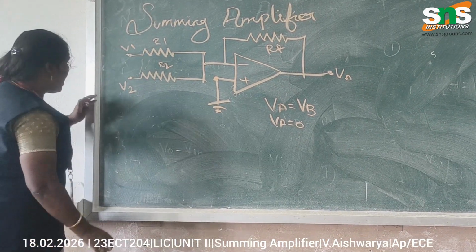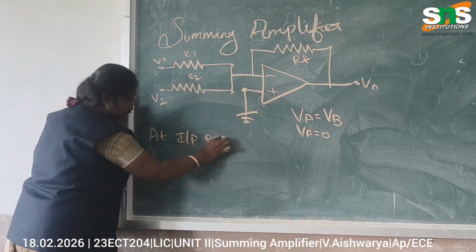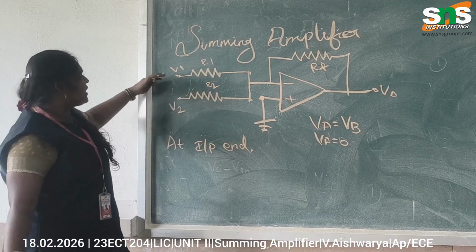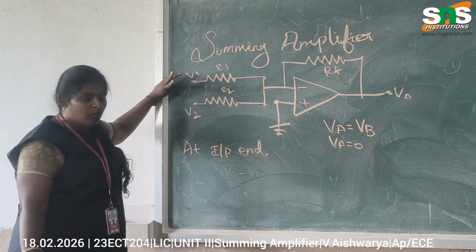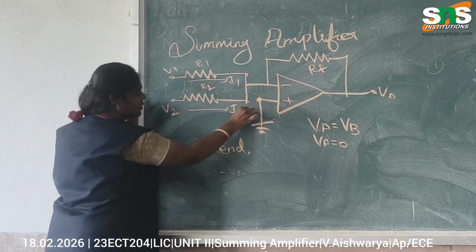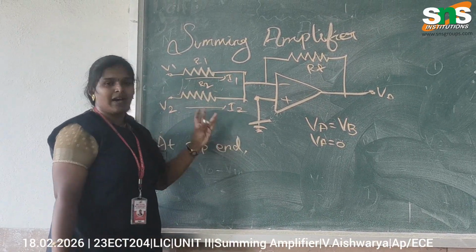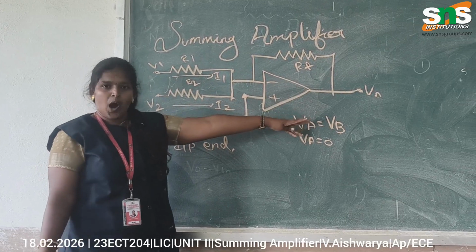Now at the input node, I apply two input values, so there are two currents. We will calculate I1 and I2, then add them. After that we will calculate the output side.